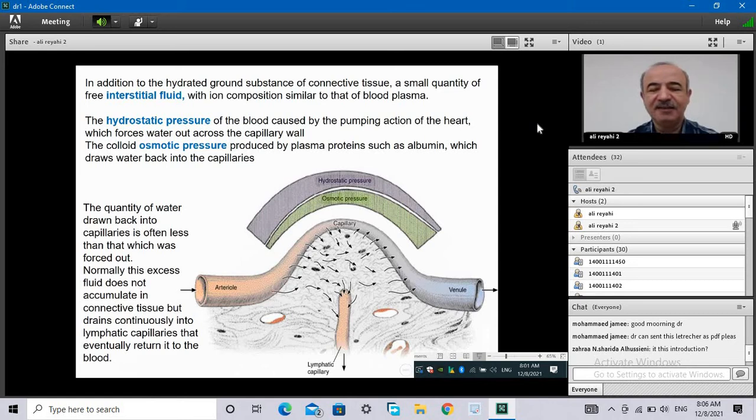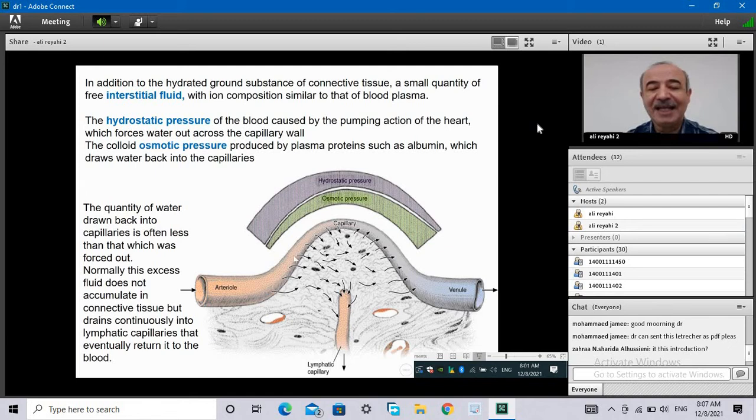Look at here. This picture shows the capillaries that are located near the cells in each tissue, like the connective tissue. One end of the capillary connects to the arteriole, and the other end is connected to the venule, okay.